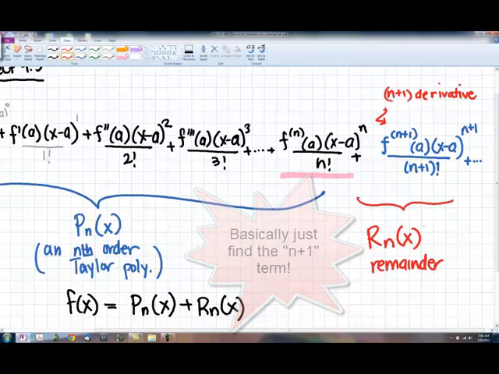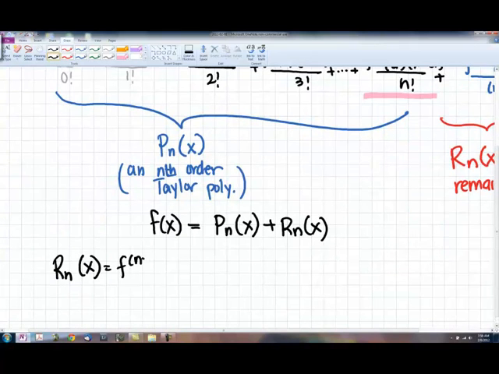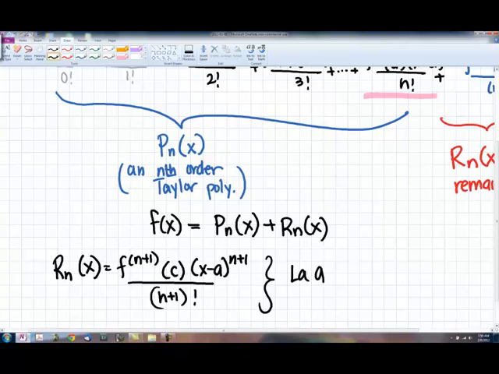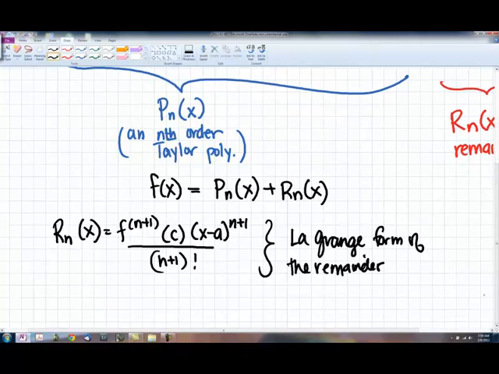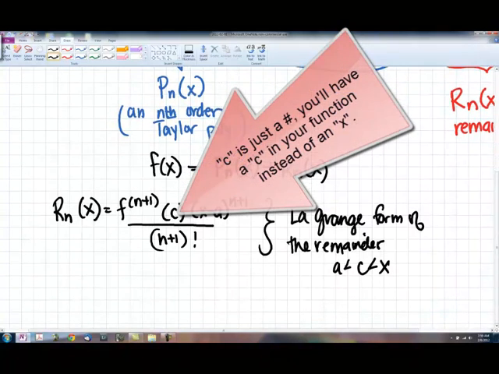And this right here is what we call the Lagrange form of the remainder. The remainder is our n plus 1 derivative. And I'm going to put a c in here, and just bear with me for now why there's a c there. I'll explain that more tomorrow. This is what's called the Lagrange form of the remainder, where c is actually going to be some value between a and x. We're going to deal with the c stuff more tomorrow.